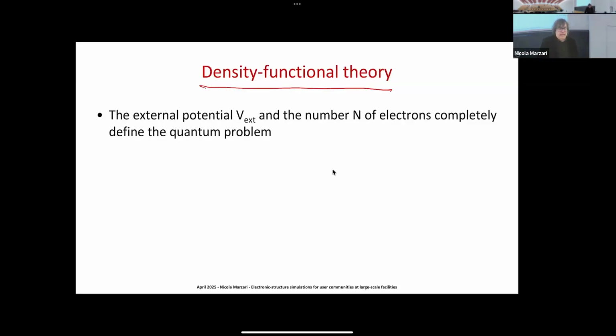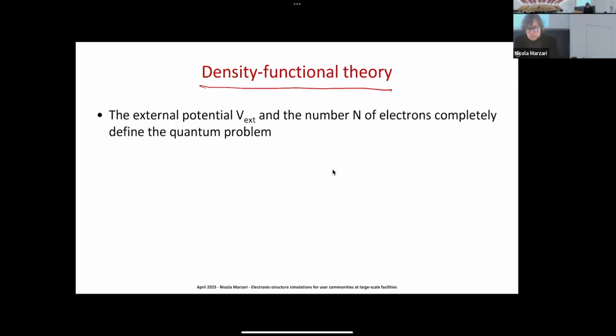And of course, what they gave as a name to this theory is density functional theory. We write a functional of the density, as Fermi tried to do, but trying to do it in a more rigorous way. And so this is what goes on under density functional theory. And I think given the time, we have probably 5 minutes left. So I give you an intro, and then we continue tomorrow.